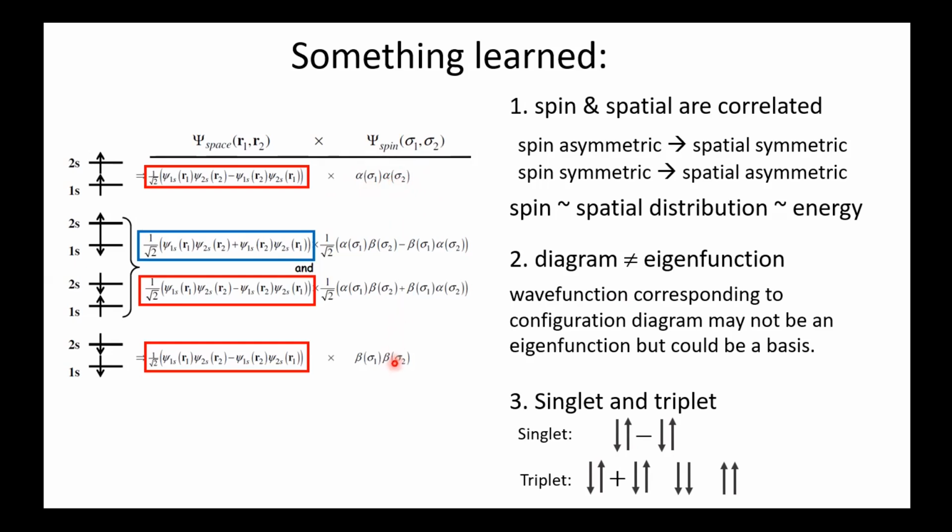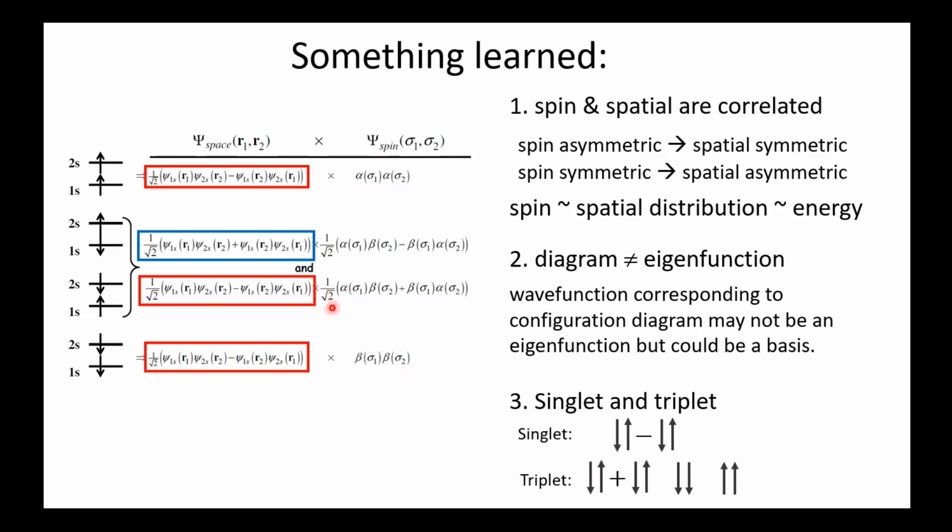And this is also symmetric, and this is also symmetric. It's easy to tell. If you change sigma 1 to sigma 2, you can verify that this part is also symmetric. So if you have a symmetric function for the spin part, the consequence is that, you remember, the total electron wave function has to be asymmetric upon exchange, right? Because it's a fermion.